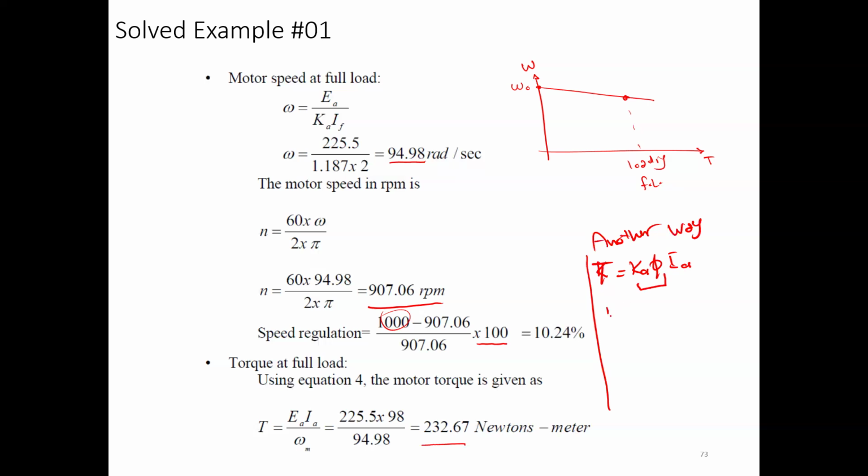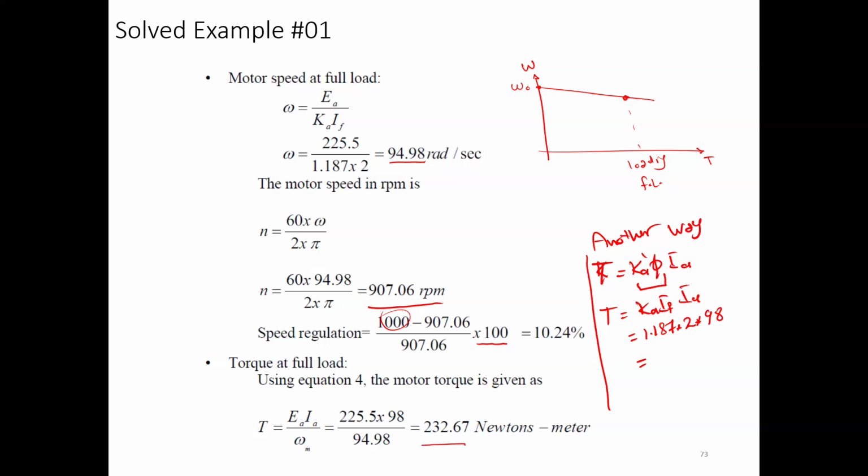So we can say torque equals, let's say this is prime for instance, so K IF that we calculated times Ia. So this is going to be the value of Ka, 1.187, times IF, which is 2 ampere, times the armature current, which is 98. Let's do these calculations outside and compare it with the value in the solved example.